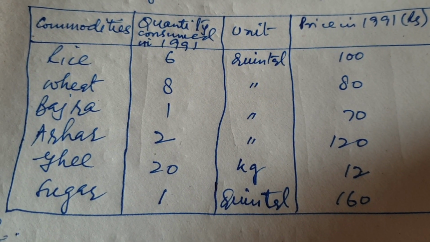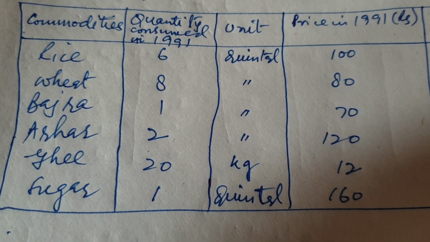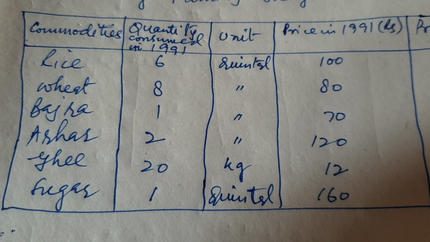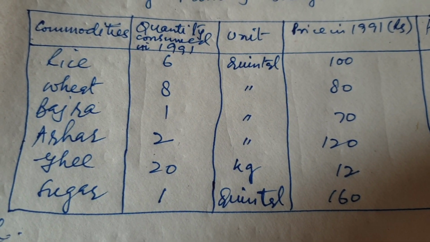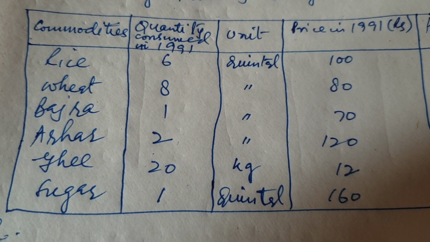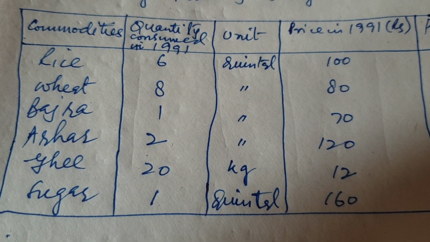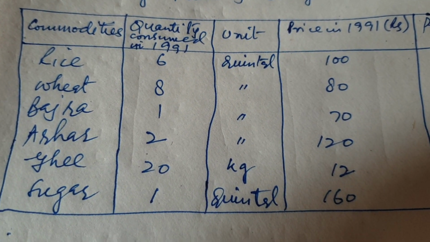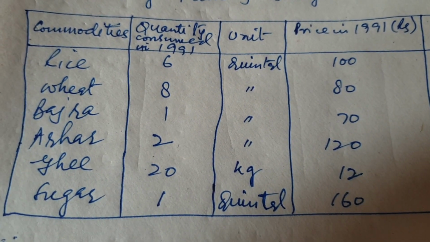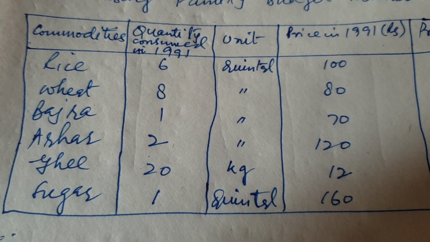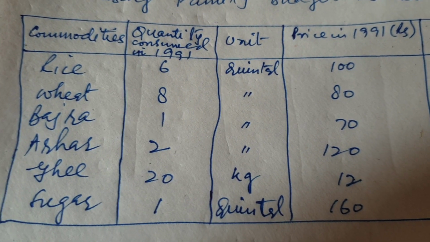For wheat it is also quintal, so 8 quintals. Bajra consumed is 1 quintal, arhar 2 quintals, and for ghee the unit is kg, so ghee consumed is 20 kg. And sugar, its unit is quintal, so 1 quintal.